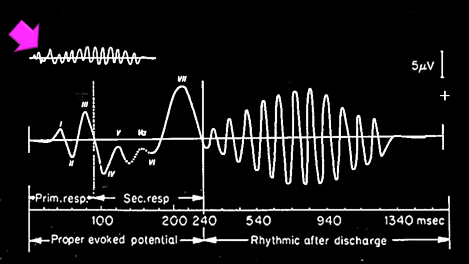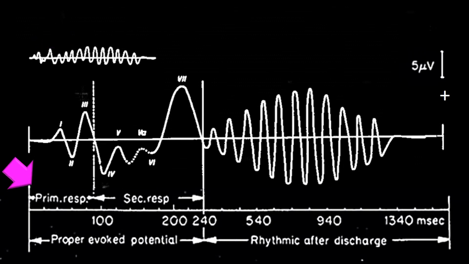The figure above, indicated by the arrow, shows how the study looks when it is represented at a faster but constant speed. That is, when the same time scale is used for the evoked potential and for the rhythmic after discharge. The term rhythmic after discharge is applied to the waves that occurred after 250 milliseconds when the analysis time is allowed to run for 2 seconds.